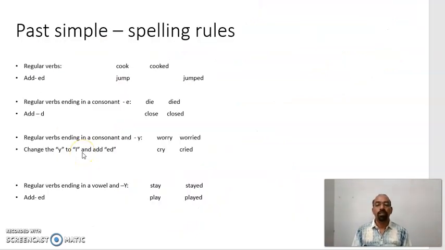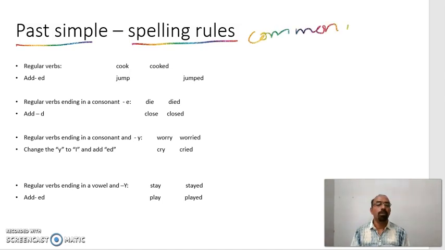Before we go on to learn the different uses of past simple, let us check some spelling rules. It is common in English. Common rules. Let us check the first one. Regular verbs. With regular verbs, we add ed.